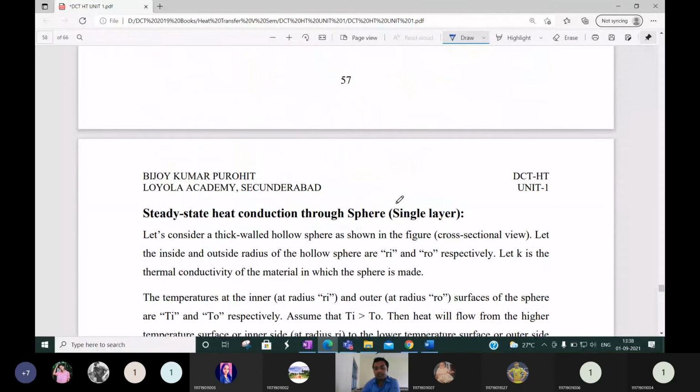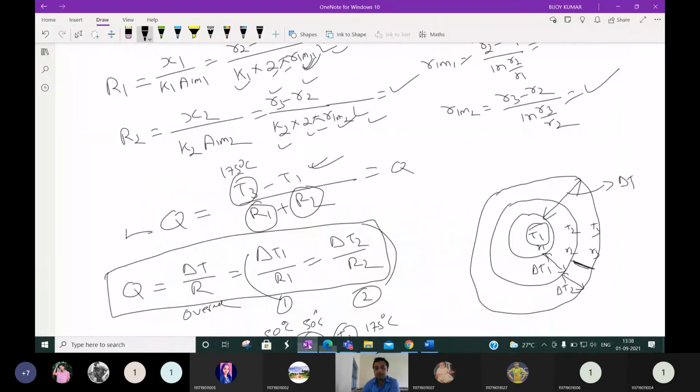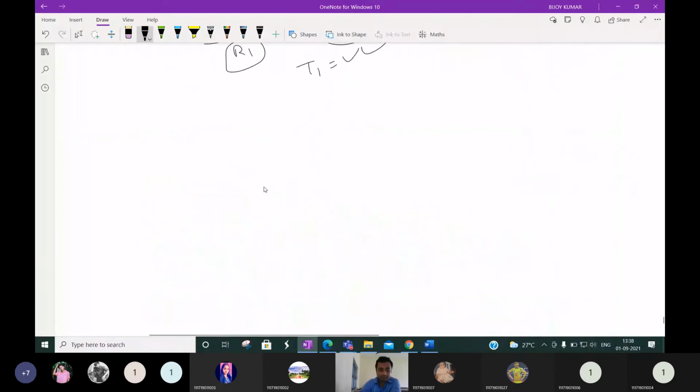Next we will discuss how heat conduction happens in a sphere. But first, let me summarize what we discussed till now about conduction heat transfer. First is the plane wall.